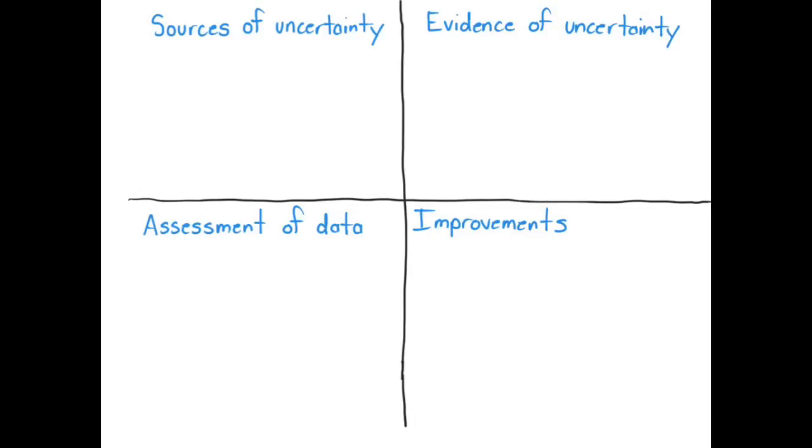So we're looking at sources of uncertainty. We're looking at evidence of uncertainty in your results. We're looking for you to make an assessment of your data and the quality of your data. And we're also looking for you to identify improvements that could improve, if you like, the quality of your data or the quality of your results.